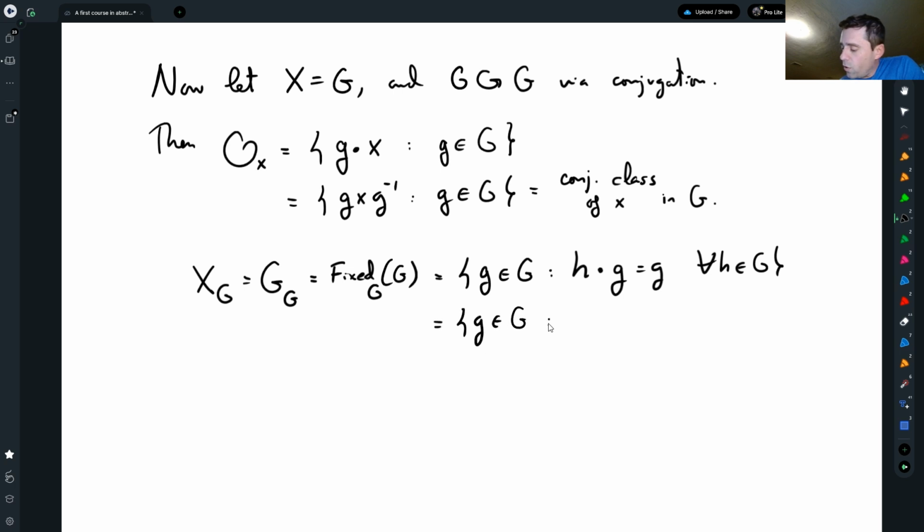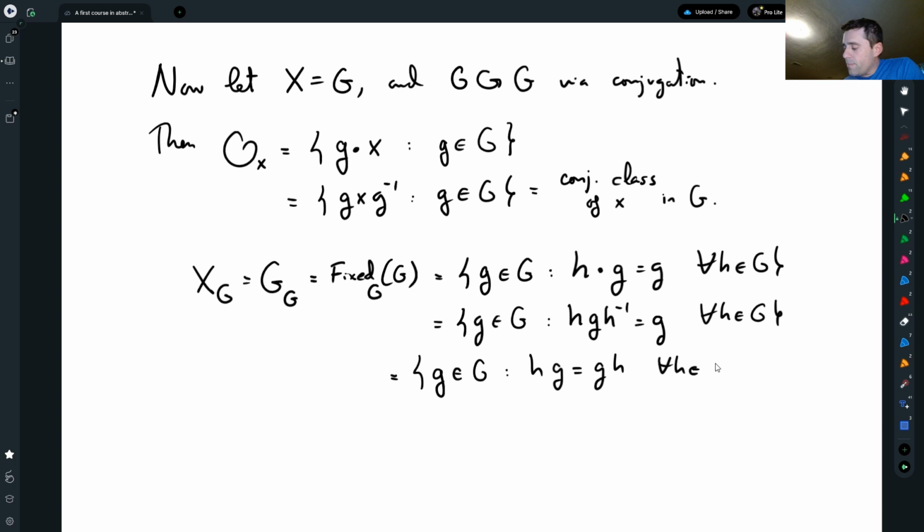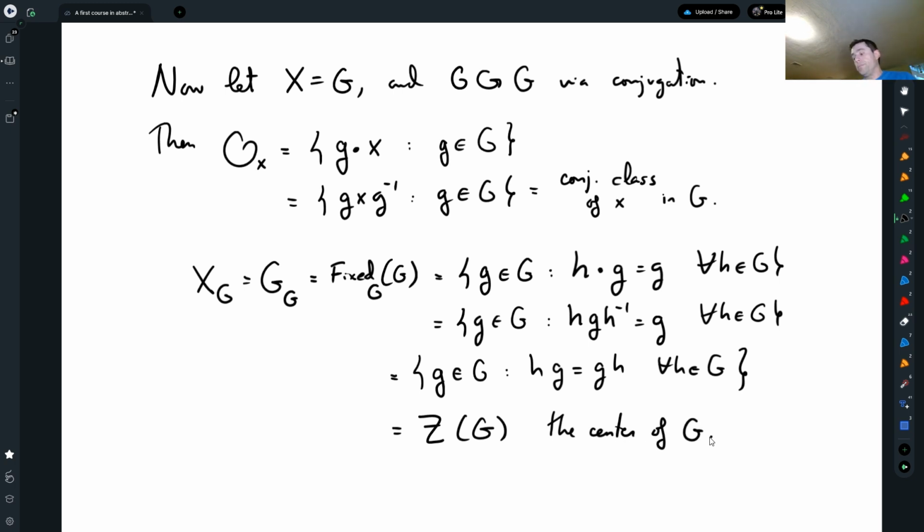So it's those g's such that whenever I conjugate by h, I get g for every h in G. But if I multiply on the right by h, those are those g's such that hg is gh for every h in G. So these are elements in G that commute with every single element in G. We have a name for that: it is called the center of G, and that is a group. It's a subgroup of G.